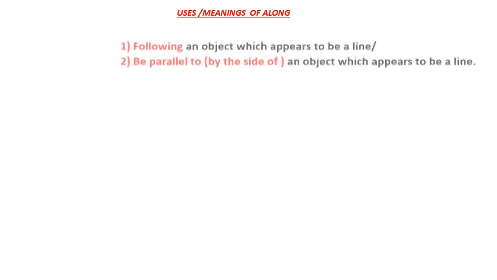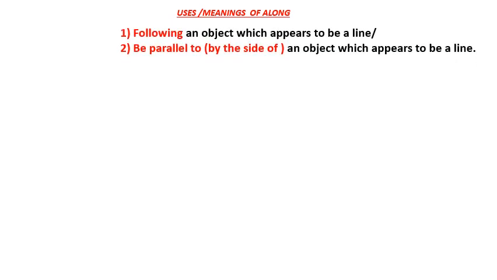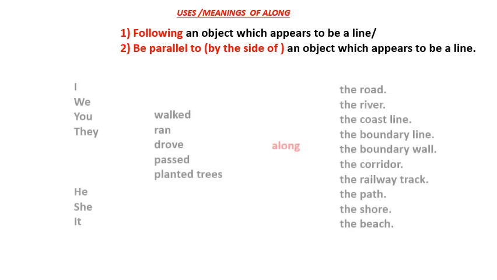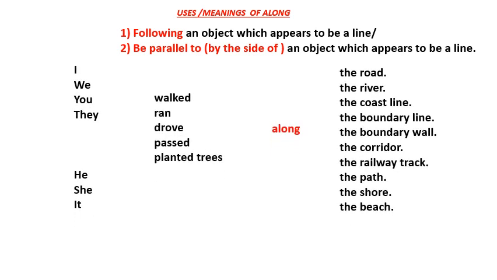Now let us see some of the usages or meanings of along. Along can be used in the meaning of following an object which appears to be a line. It can also mean being parallel to an object which appears to be a line. Let us see these meanings with some examples taken from the substitution table.